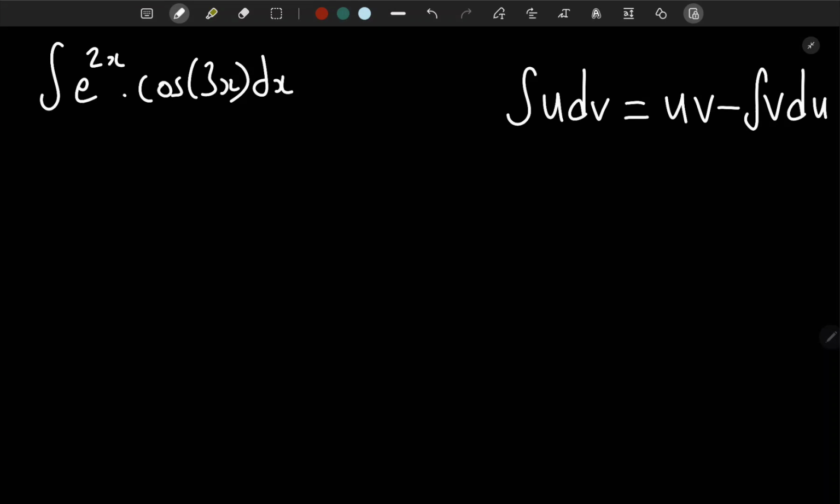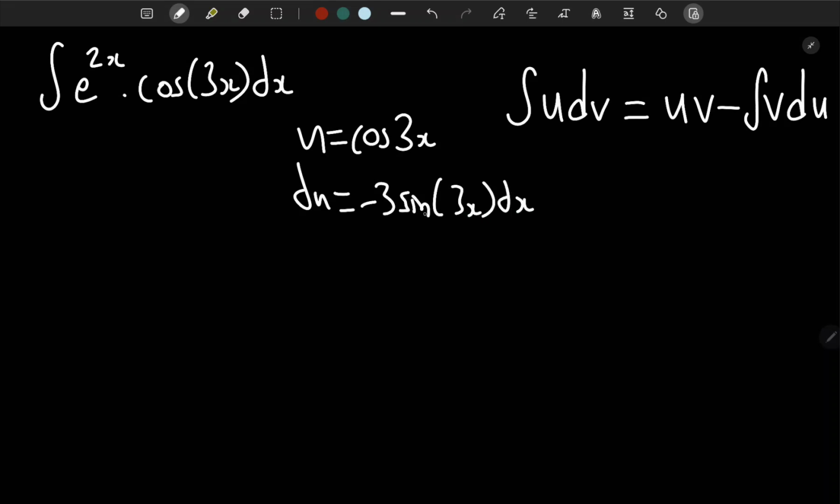So our next example is a bit trickier, so I would need your full attention. So here we need to choose again u and dv. So let's choose u as cosine 3x, and du here will be the derivative of cosine 3x, which is just minus 3 sine 3x dx, just chain rule.